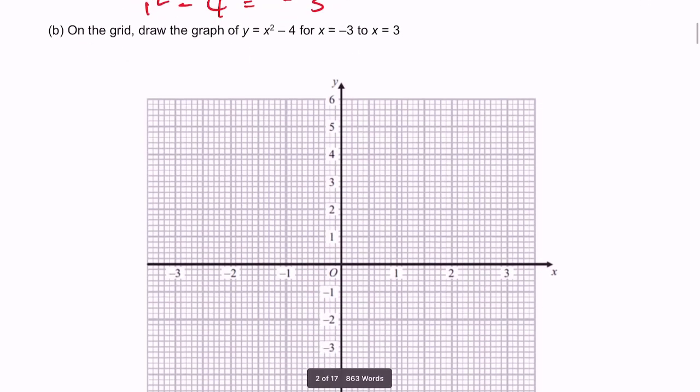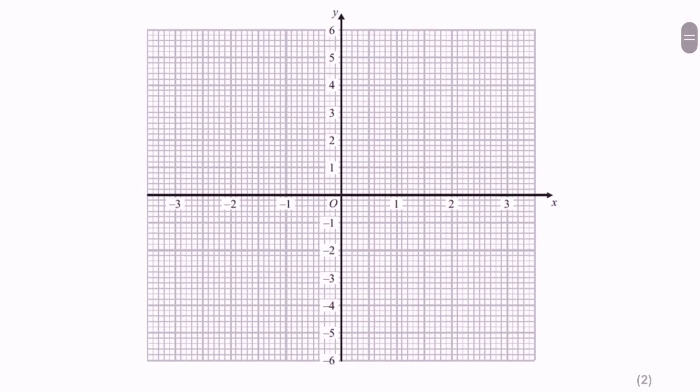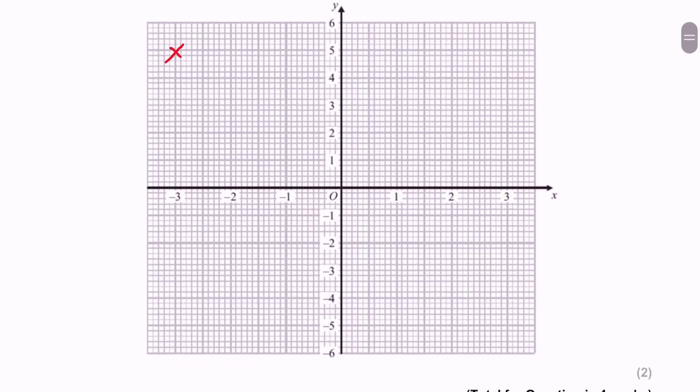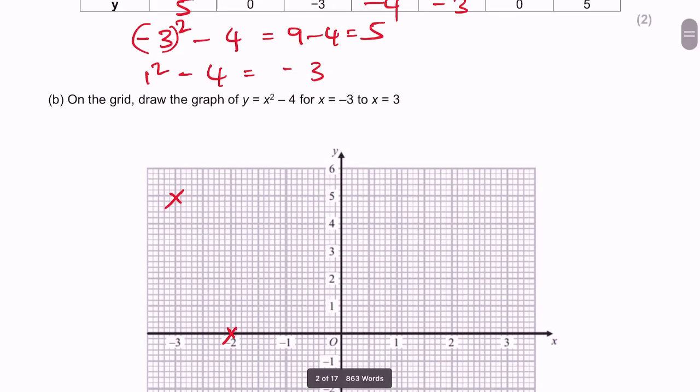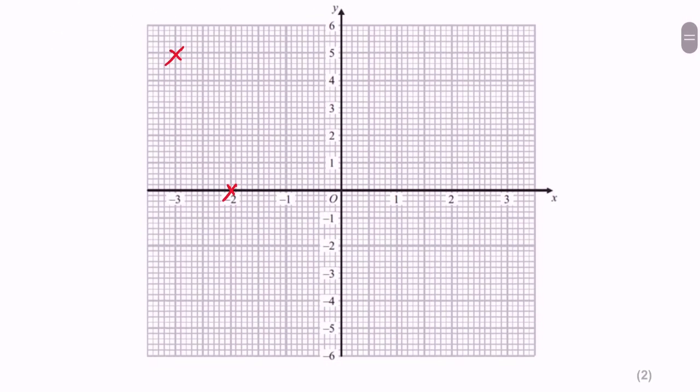All we have to do is plot the graph now. So x minus 3, y is 5. So we have minus 3 and y is 5, going all the way up to 5. Minus 2, 0. Minus 1, minus 3. Just double checking the values. Minus 1, minus 3.